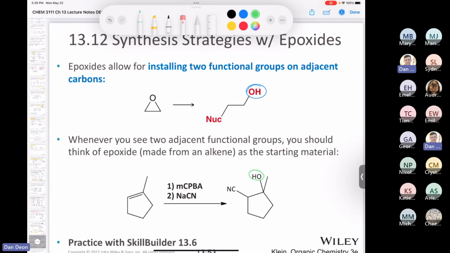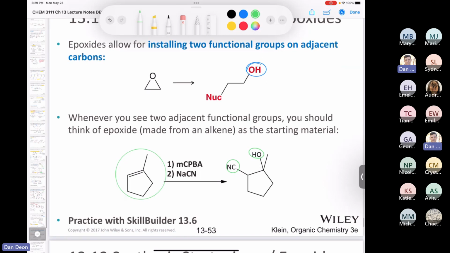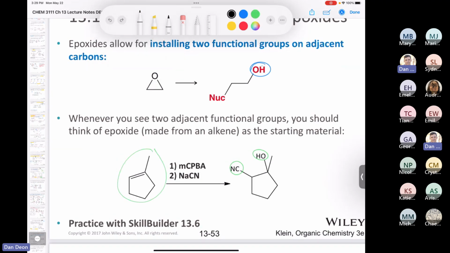So here's an example. And what they're saying at the bottom here is that if you see two functional groups like an alcohol and a nitrile next to each other, you should think of an alkene as a starting material, right? If we were to start with this alkene, 1-methylcyclopentene, and treated that with MCPBA, what's going to happen in the first step is that we would make the epoxide, which is going to look like this. It's not the best drawing in the world.